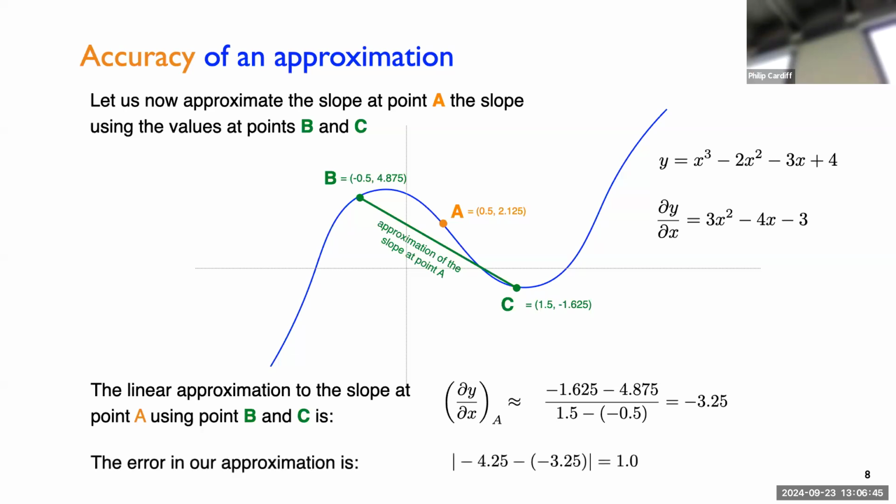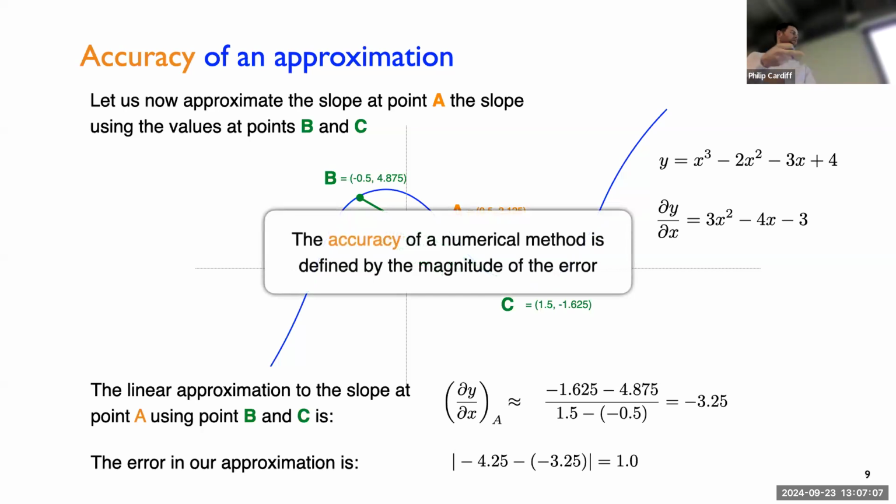So what we mean by the error is just the difference between our approximation and the actual, real value. So if I get the difference, 4.25 minus 3.25, the difference is 1. So I'm taking the absolute value here, but errors can be signed or unsigned. You may or may not take the absolute value. So the error here is 1 in our approximation.